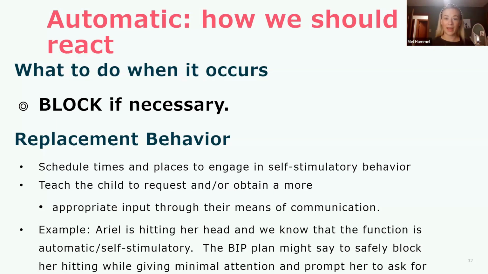But if it's something like maybe they're chewing on their hair, that could be one. I've seen that happen where they're chewing on their hair and they're kind of cutting and eating chunks of their hair. We're going to replace that with probably something incompatible. So something that they can chew on, like gum or a chewy or some kind of other oral sensory need, but you're not going to just let them continue to chew on their hair, because that wouldn't fall into that annoying kind of behavior.